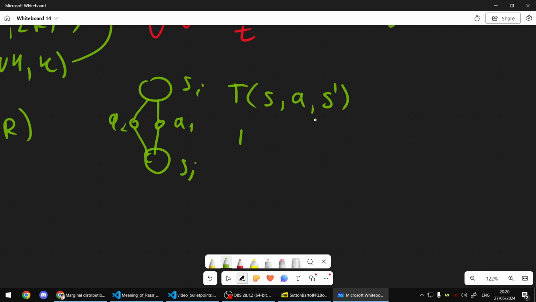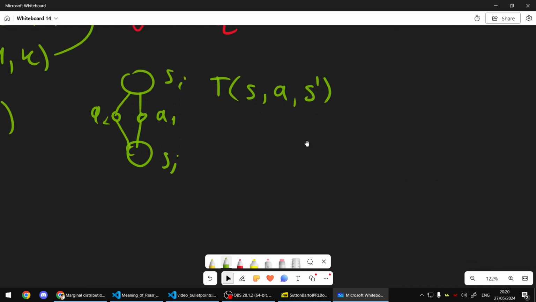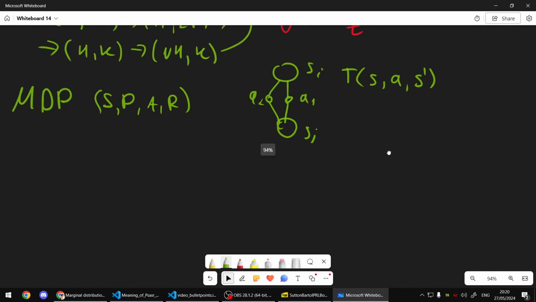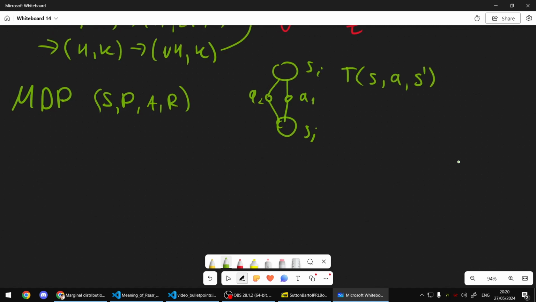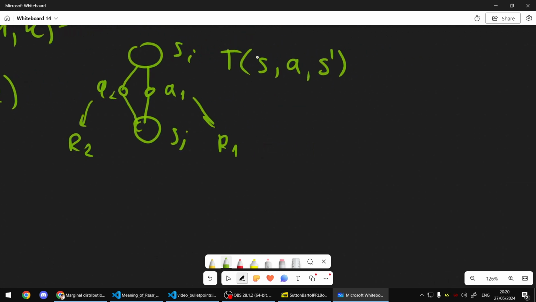Not in this case. Even between the same states we can do different transitions. And the other thing is that with each transition we can associate some specific reward, and this reward will also be a function of whatever we choose.